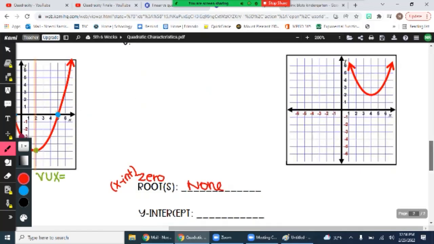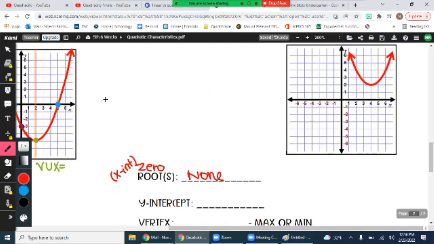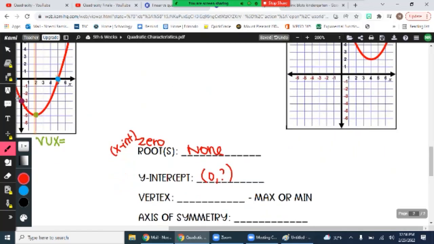Now, once again, I still can't see the y-intercept, so I'm just going to do 0, question mark. I don't know what it is, but can I see the vertex? Yes. And what kind of point do we have on the vertex, a maximum or minimum? Minimum. We have a low point.